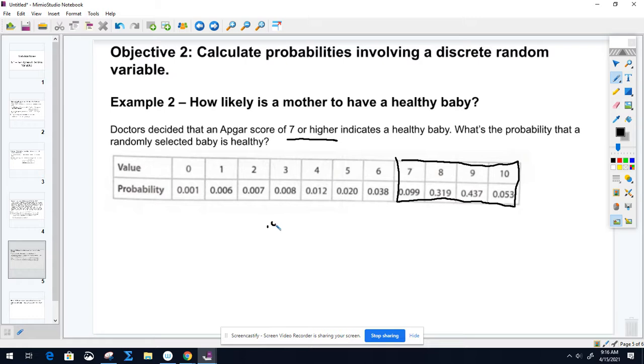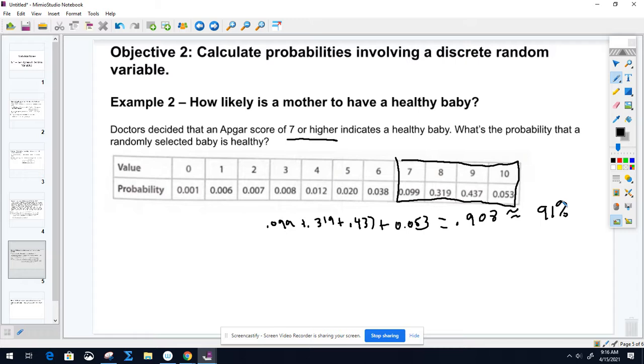So I'm going to add up 0.099 plus 0.319 plus 0.437 plus 0.053. Okay, so again, get the calculator up, add up those probabilities. 0.437 plus 0.053, and I get a probability of 0.908, which is approximately 91% of babies are healthy.